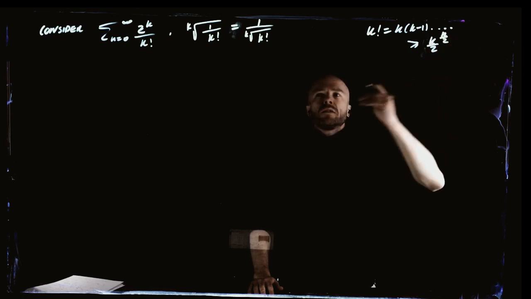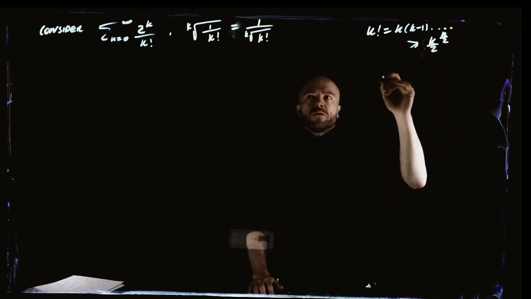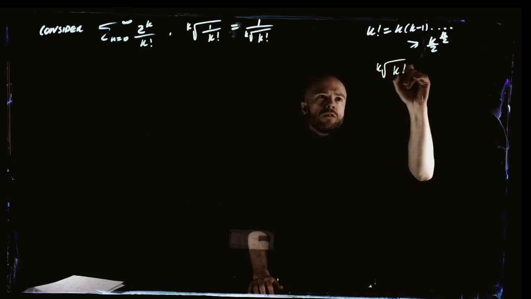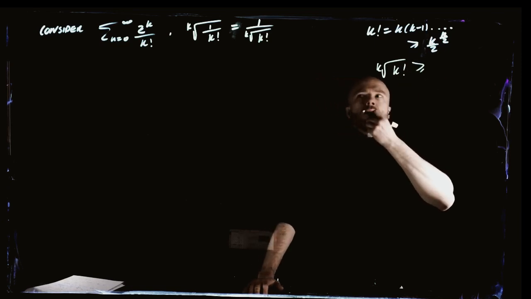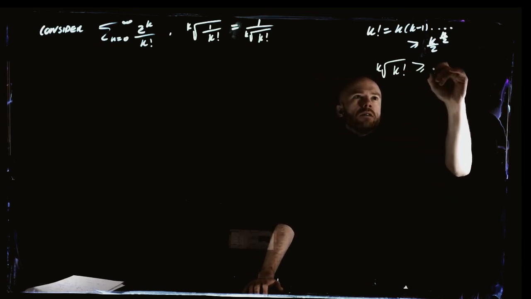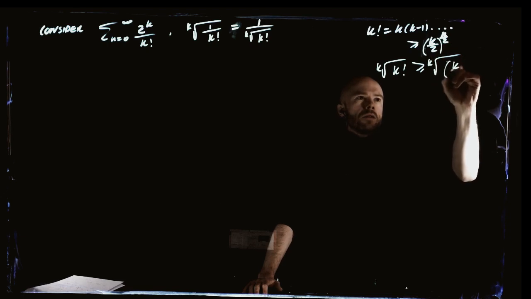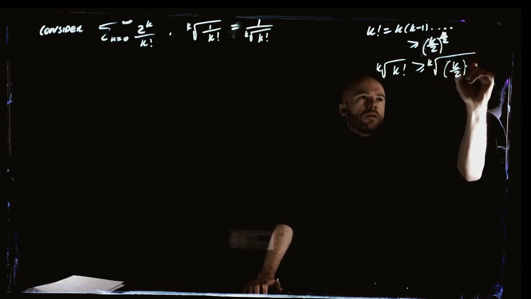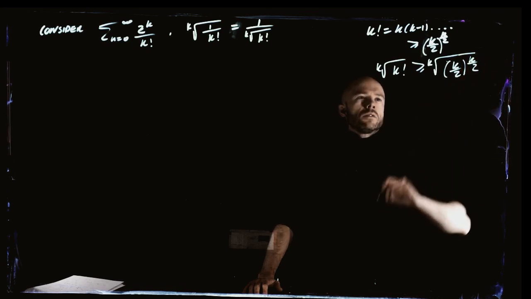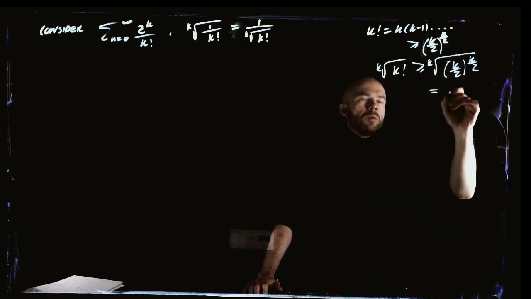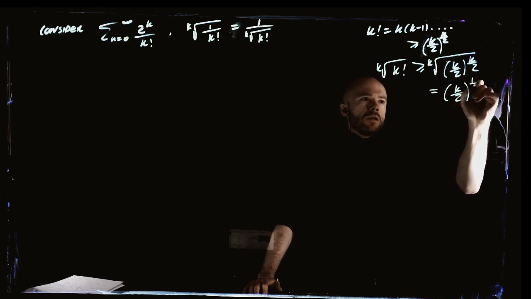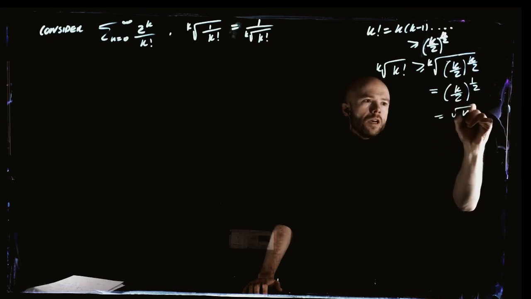So if we take the kth root of k factorial, then it is going to be bigger than the kth root of this thing, which is going to be bigger than k over 2 to the 1 over 2, which is square root of k over root 2.